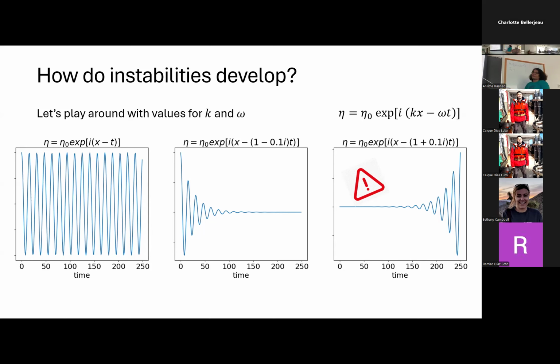But this is our problem situation, right? We have a solution that's growing in time. So the perturbation is growing. And as it grows, it has the potential to develop nonlinear instabilities. And that's the scenario that drives turbulence.